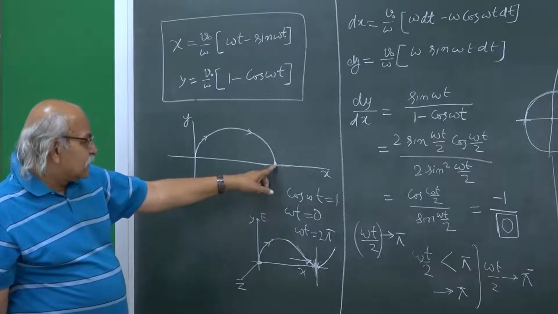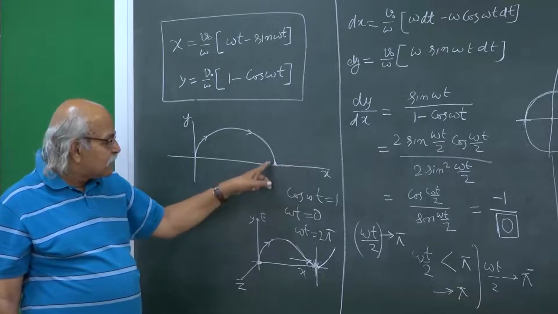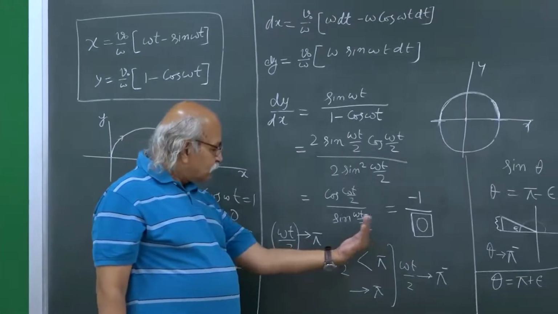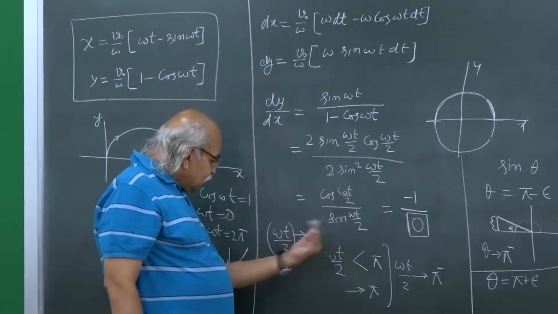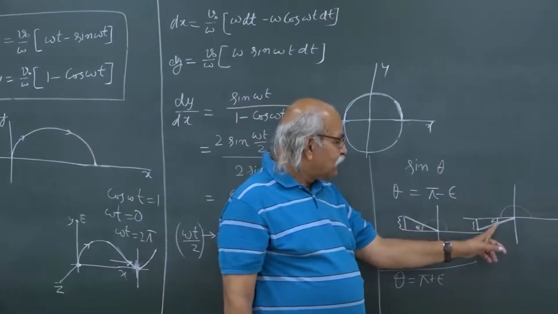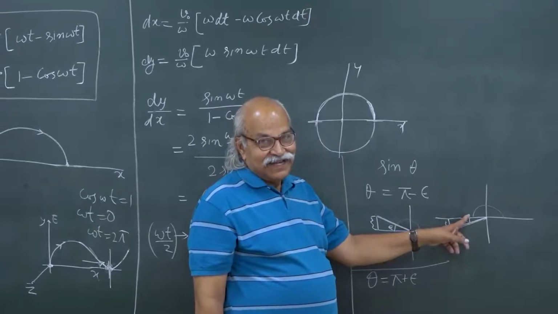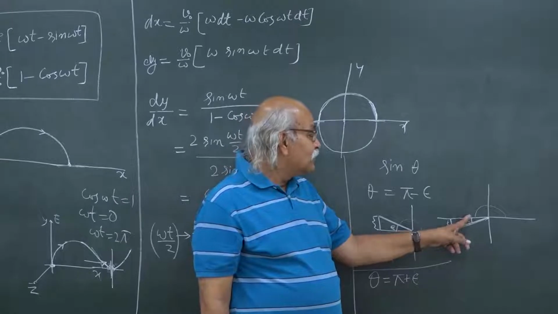Same point, if I approach from right, so omega t by 2 goes to pi, but from the right side, that means all the time this is more than pi, and then it is becoming pi. Again it is going to 0, but it is all the time negative.